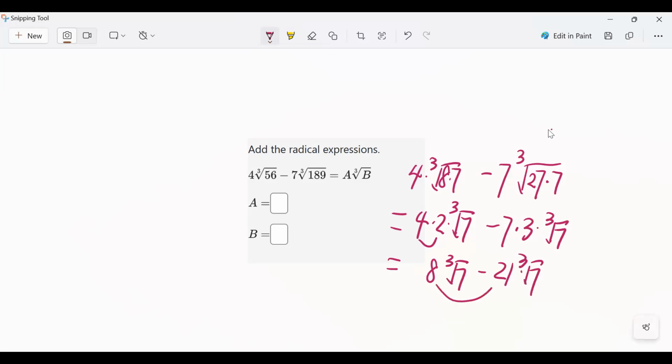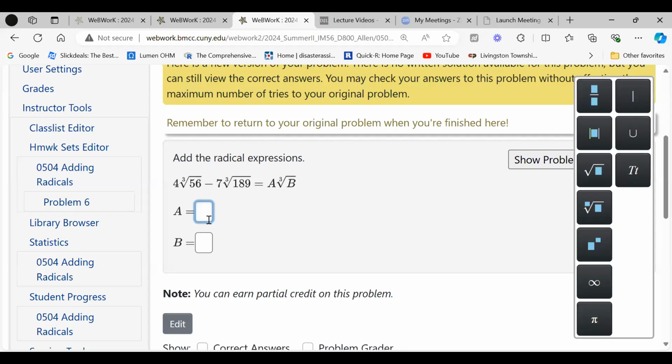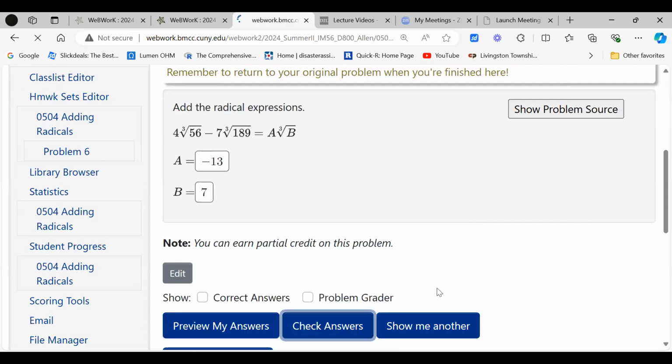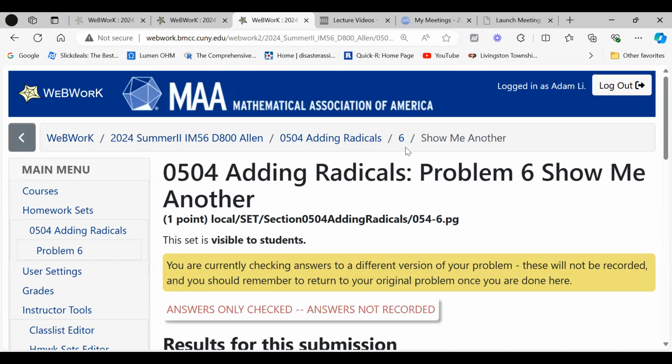Now you subtract 8 minus 21, you get minus 13 cube root of 7. So the answer is minus 13 cube root of 7. So it will be negative 13 for A, 7 for B. Check it. It's perfect.